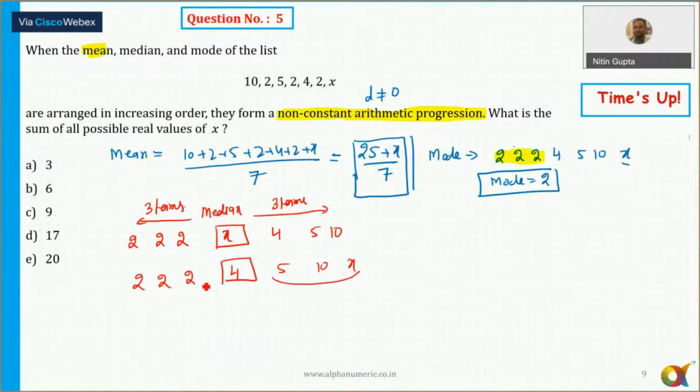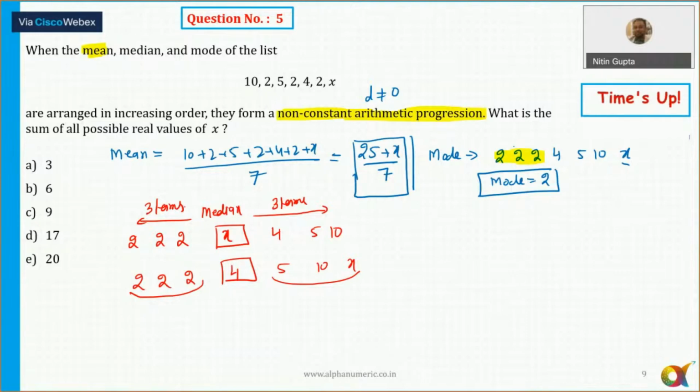In that case x is greater than 4, and the 3 terms before 4 are equal to 2. Now, any other possible values of the median? Think and tell me. No, this is all that is possible. It can be either equal to x or equal to 4 itself.